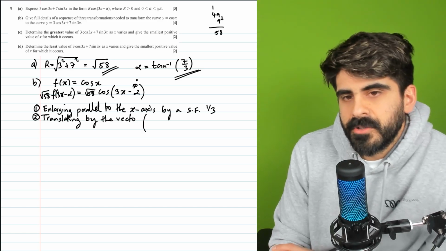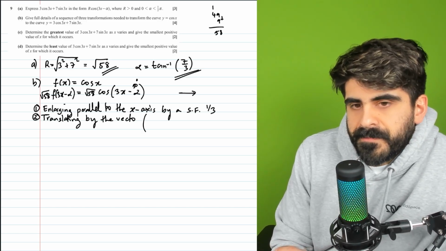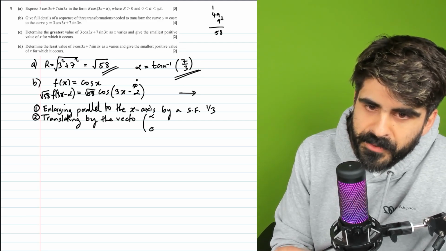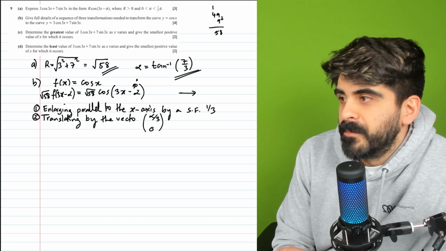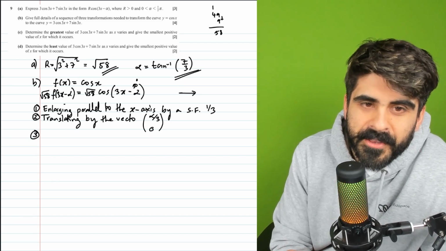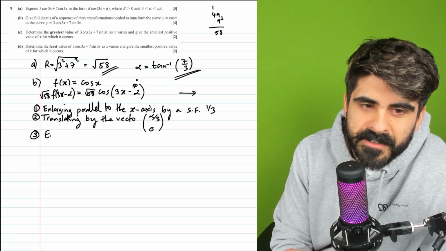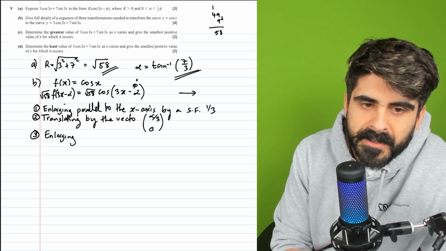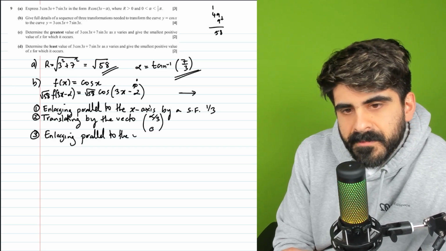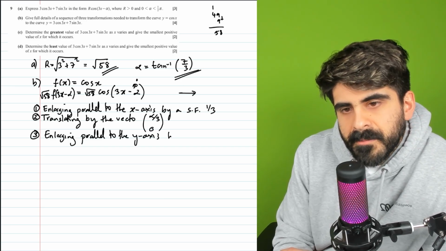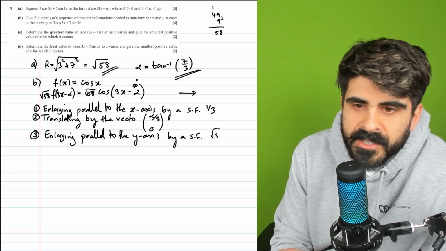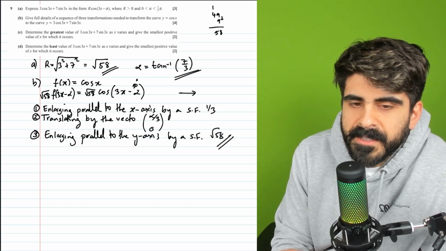Now we're going right, isn't it? So we're doing nothing on this, and it'll be alpha/3. I'm hoping the mark scheme says that. Then the third thing is the root 58. We're enlarging parallel to the y-axis by a scale factor of R, which in our case we can accurately say is root 58.